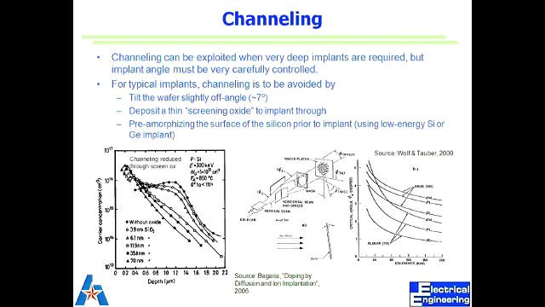Different amounts of silicon dioxide can provide different amounts of channeling reduction. So your profile is very linear with that.